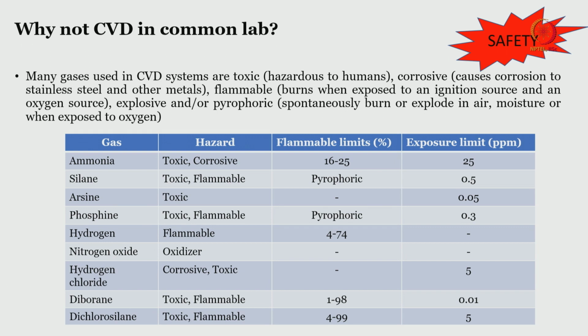It goes almost to parts per billion when you talk about 0.05, 0.01. And you see the flammable limits also; it is pyrophoric, so it spontaneously burns. So, you have to be very careful when handling these kinds of gases.